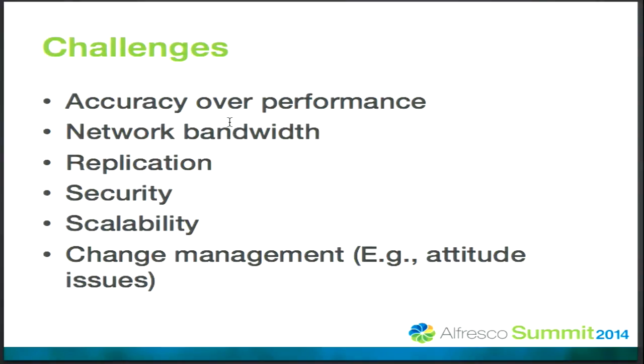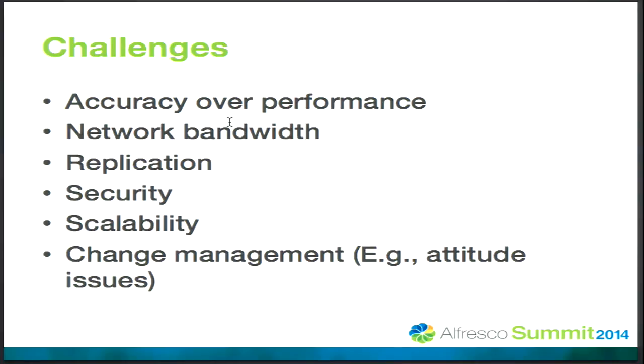So these are the challenges we face during this implementation. As I mentioned, first we have this accuracy or performance issue, and also file transferring between different servers, so there is a network bandwidth issue, and the same goes with replication. There might also be security concerns with sensitive documents which we use for training, and scalability because machine learning algorithms are very computationally intensive.